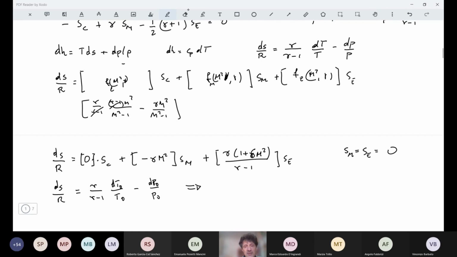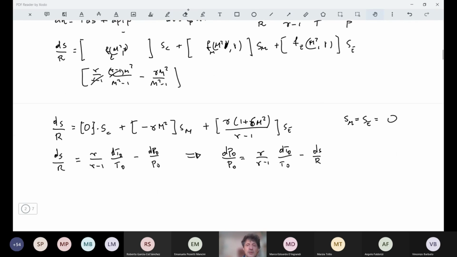As a consequence, I can also evaluate our total pressure loss. That will be clearly gamma over gamma minus 1 dT0 over T0 minus dS over R. Of course, our dT0 over T0 by definition is our Se.